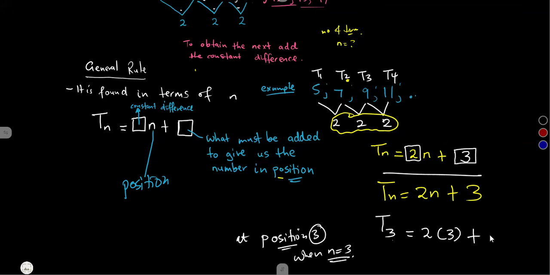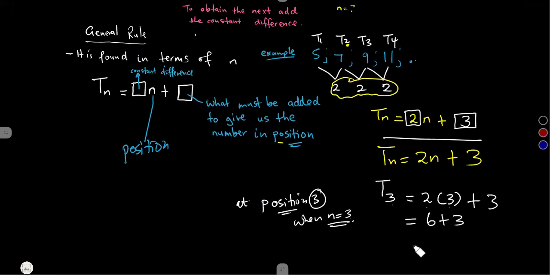So we substitute that 3, then we can simplify. 2 times 3, a bracket means times. 2 times 3 is 6, plus 3. Remember your BODMAS. So let's add 6 plus 3, that's a 9. T3, the term that we have in third position, is 9. Is that so? Let's go and check. Yes, third position is 9.